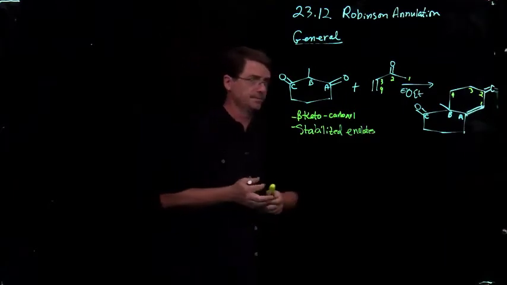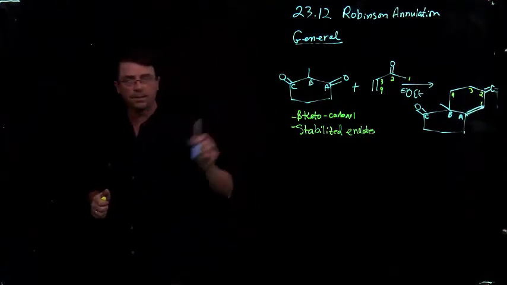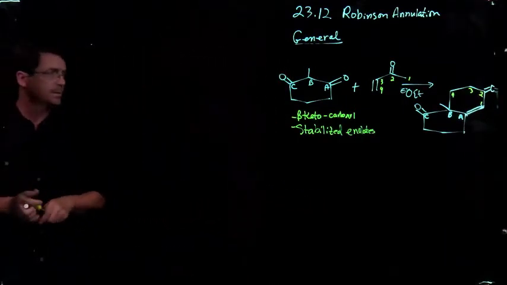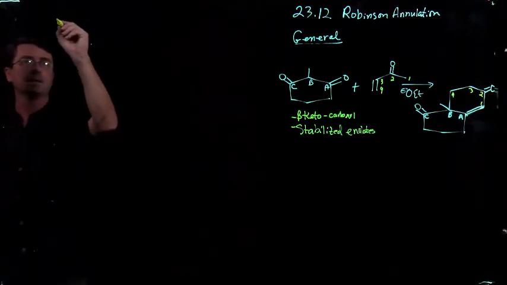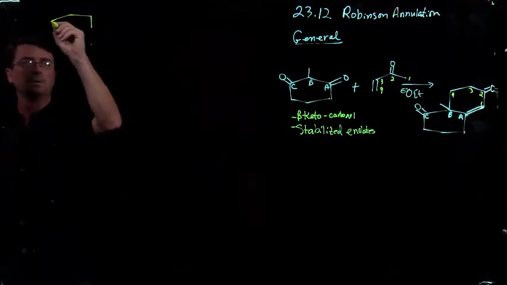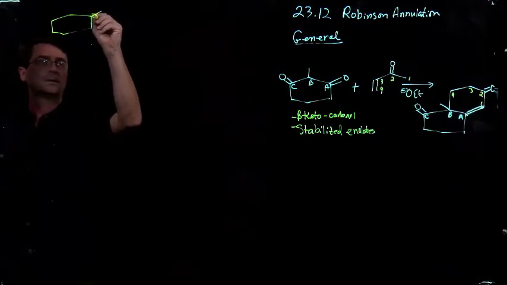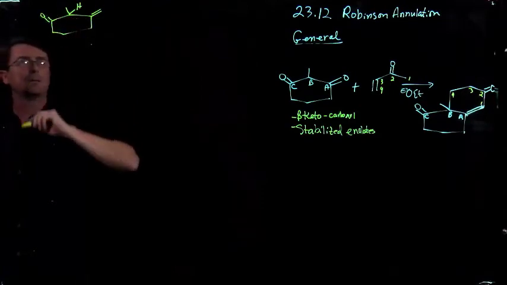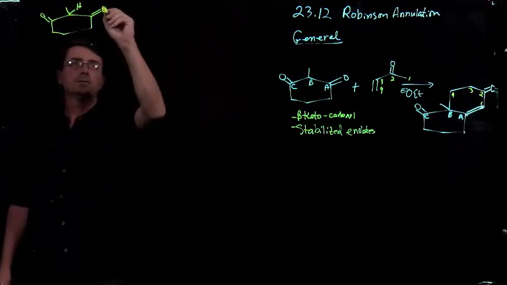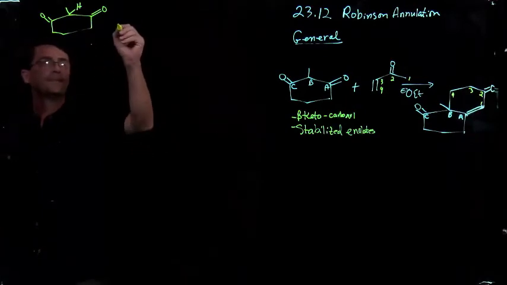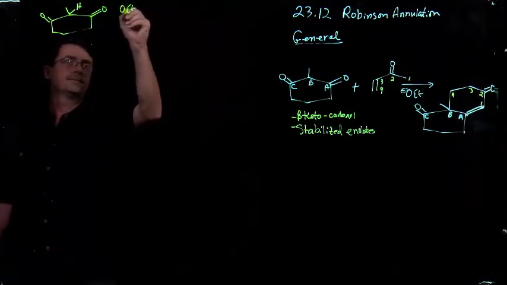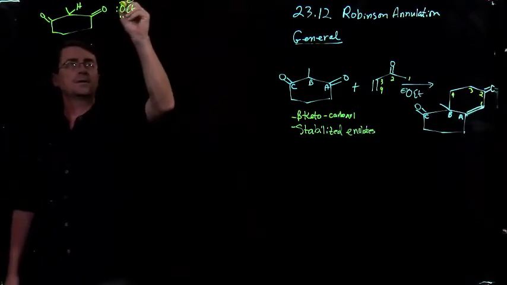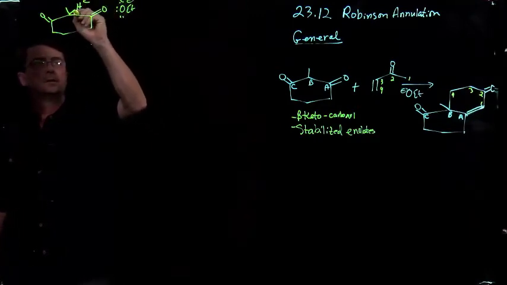Now, the mechanism. Let's look at this mechanism, and I chose this specific one on purpose for the mechanism. So, we start with our beta diketo compound. We have our base. Typically this is going to be done in an alcoholic solvent.